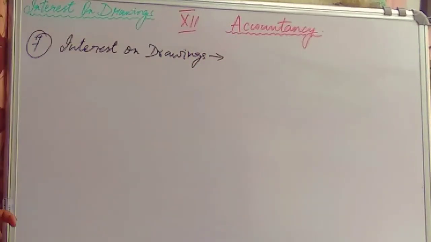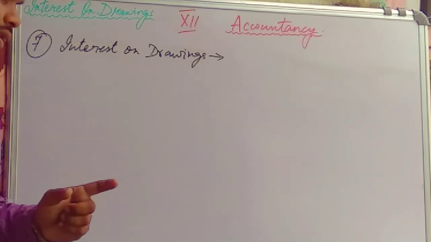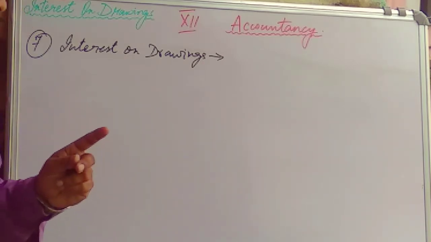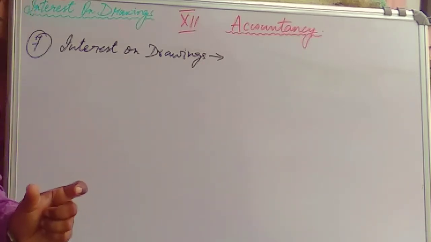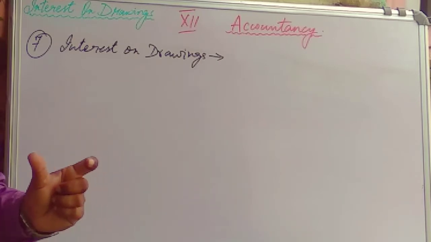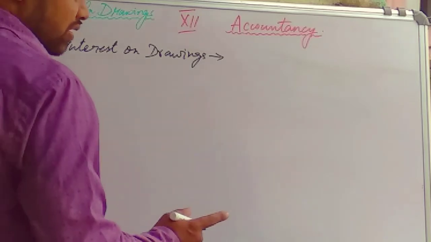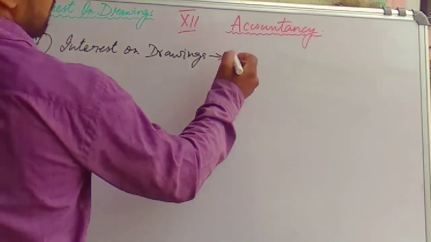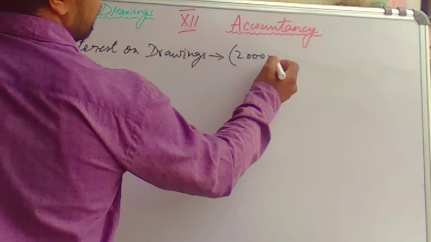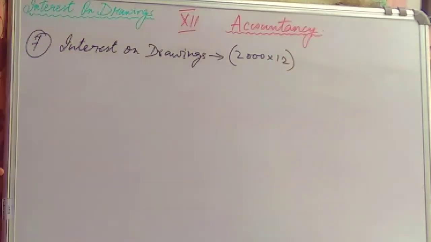What was the amount, students? 2000, right? So 2000 on the first day of every month. So the total amount will be 2000 into 12 because there are 12 months in a year, as mentioned in the question, throughout the year. So 2000 multiplied by 12 is your amount.